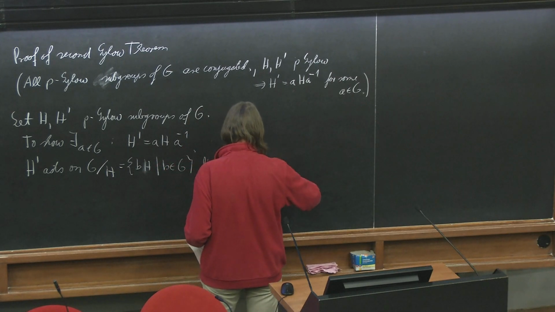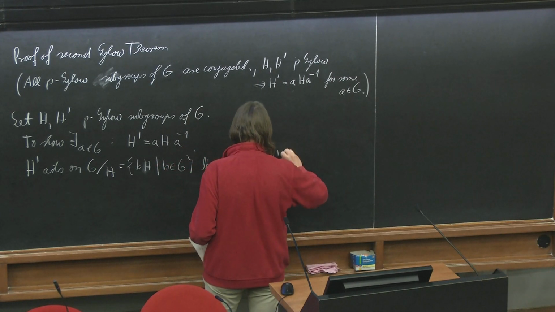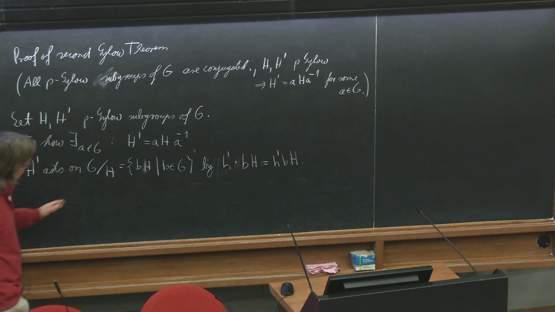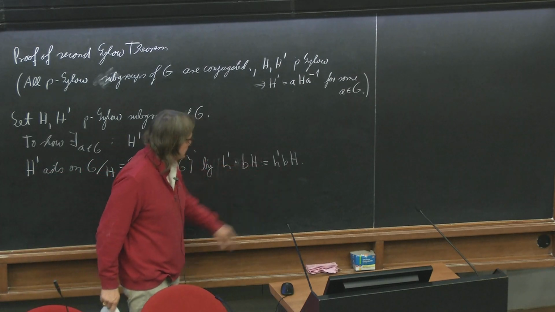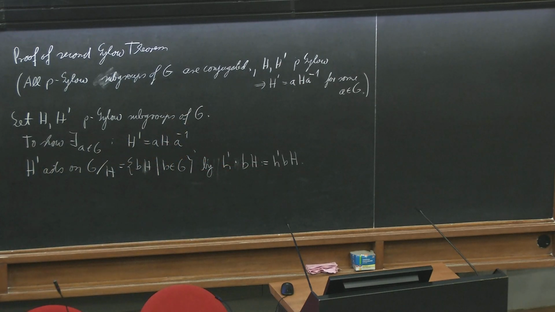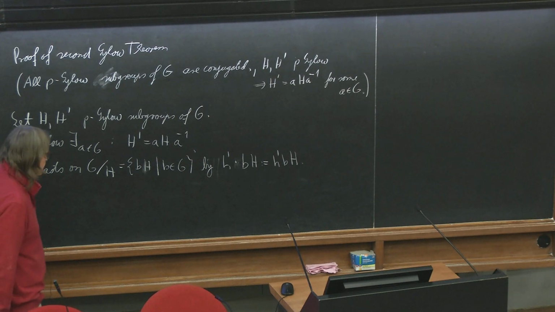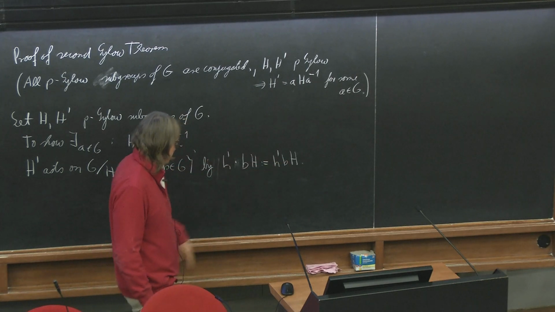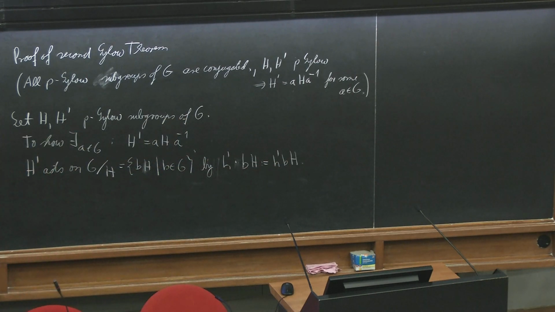So this is just defined to be H prime B H. Again, some kind of left multiplication. However, we make it act here on these cosets. Okay, this is obviously an action because you can see the product here will correspond to applying it twice, and the trivial element of H prime will do nothing. So this is an action.